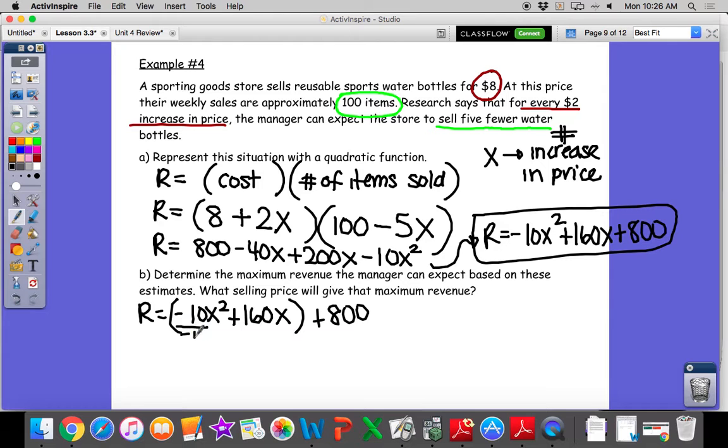So I'm going to divide out negative 10 from here and negative 10 from here, which changes your sign. So revenue is going to equal negative 10 in front of x minus 16x, leave yourself some space, plus 800.